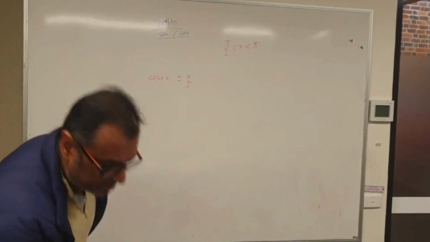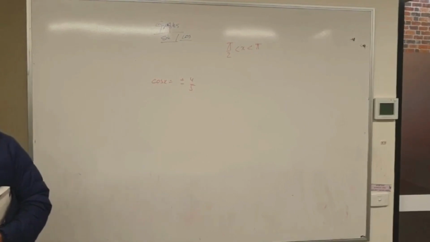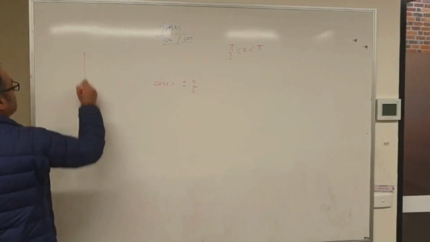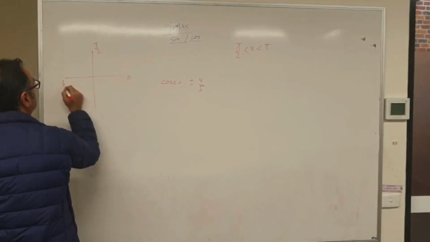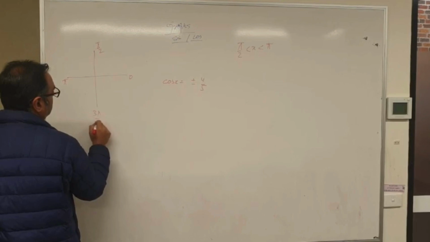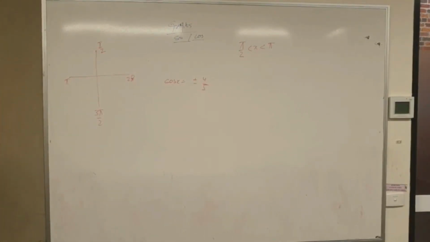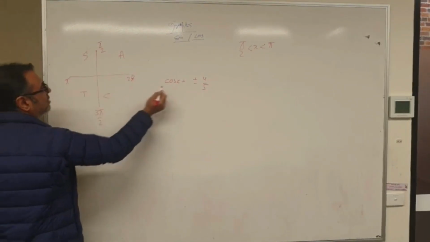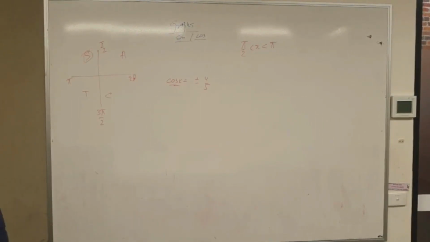Oh, it's the second. 0, pi by 2, pi, 3 pi by 2, and 2 pi. It's the second quadrant. So in the second quadrant, your ASTC tells you what? Cos should be negative, and hence it is minus 4 over 5.